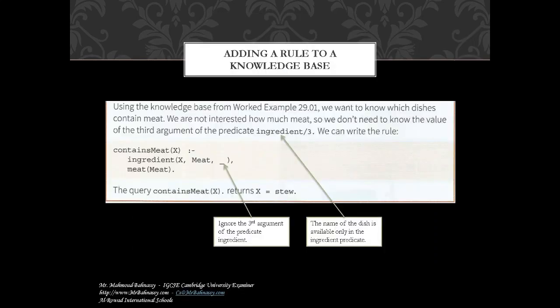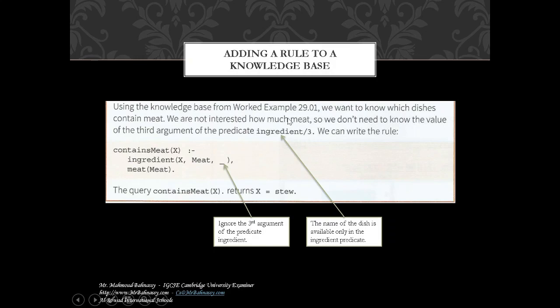Now let's add some rules to the knowledge base, because the knowledge base does not contain only facts, but it also contains rules. These rules work on the facts that we already stored in the knowledge base. So both the rules and the facts should be stored in the same knowledge base.